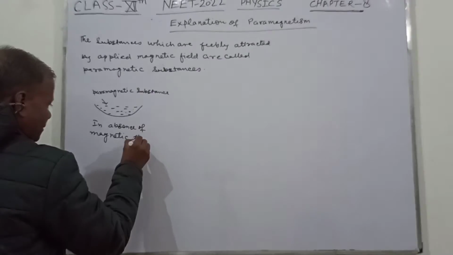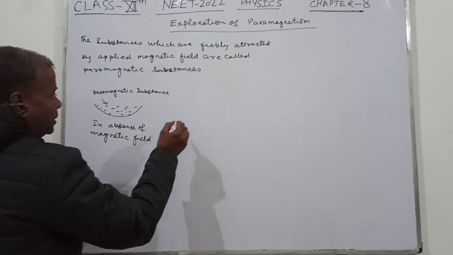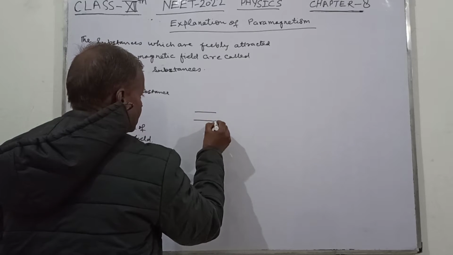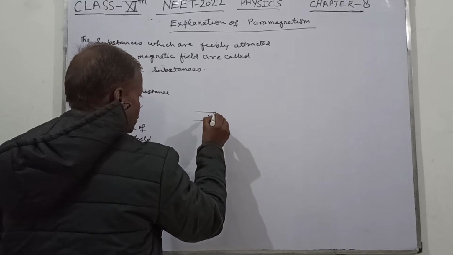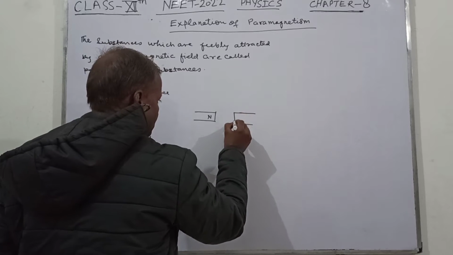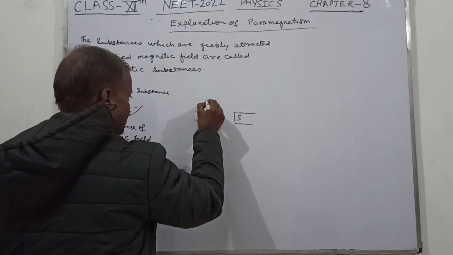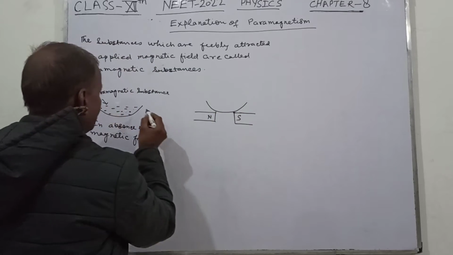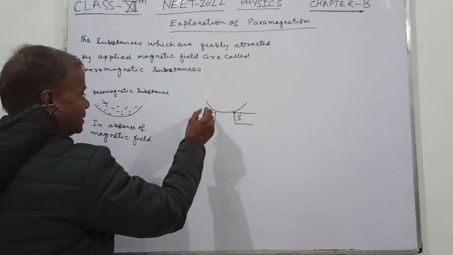Now we are having this magnet. This is our north pole, this is our south pole, and this plate is placed here like this.